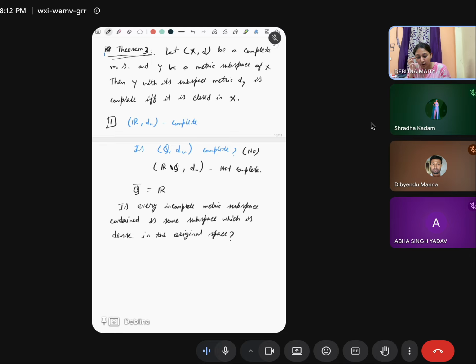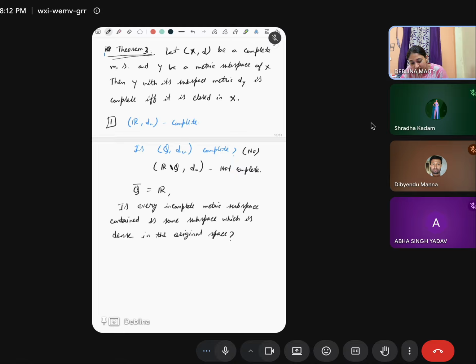So Q is not complete, but Q is contained in R, and Q bar is complete, right? It means Q is dense in R, in a complete metric space, right?